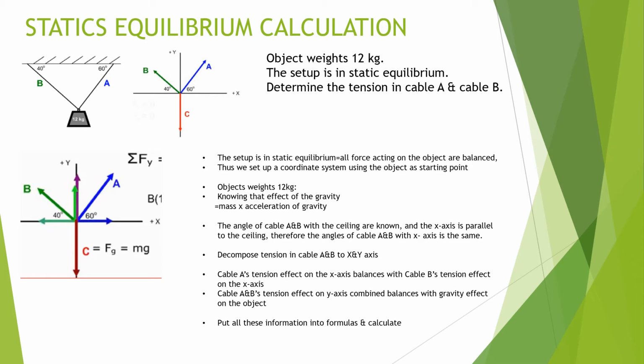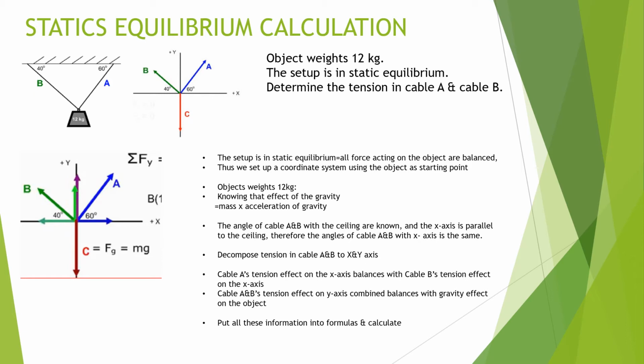After we have finished the force decomposition, due to the fact that we know from the question the setup is in static equilibrium, we can know that cable A's tension acting on the x-axis balances with cable B's tension acting on the x-axis.